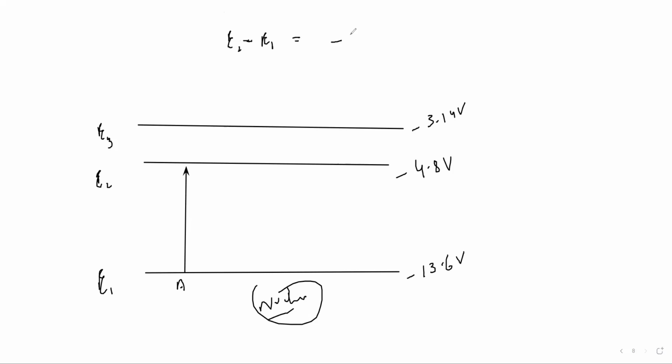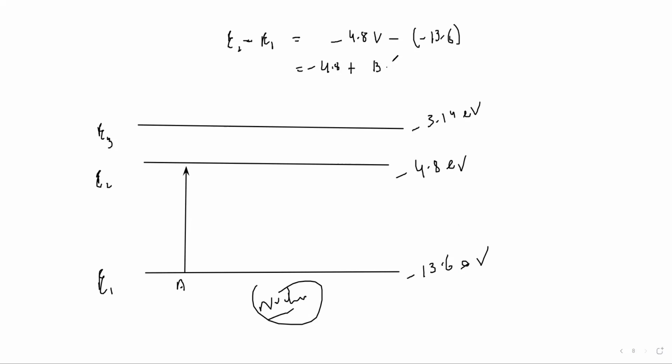So E2 is minus 4.8, in electron volts, minus minus 13.6. So this will be minus 4.8 minus minus, plus 13.6.